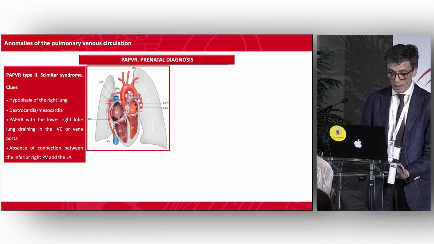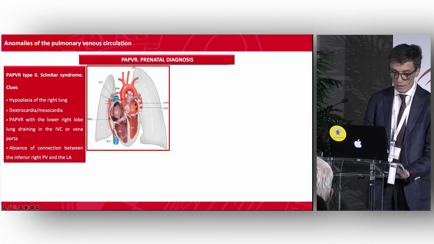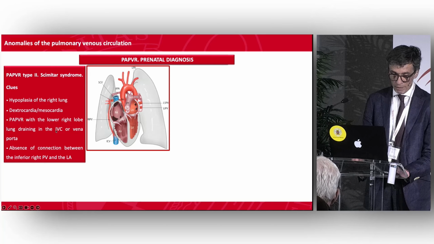One example of scimitar syndrome: there is a vertical vein that has the shape of a Turkish sword, which is a scimitar, that goes down to the abdomen and drains usually with the inferior vena cava or the vena porta. And usually there is a hypoplasia of the right lung.